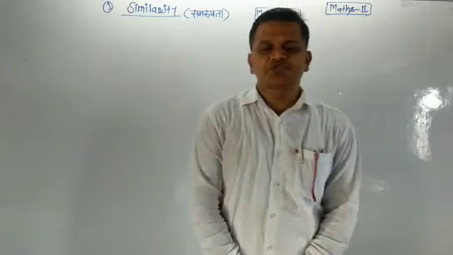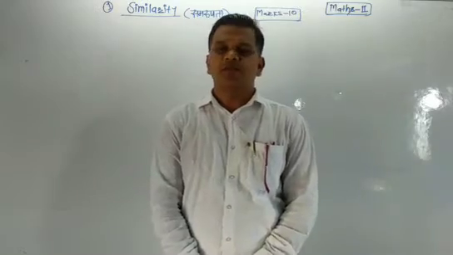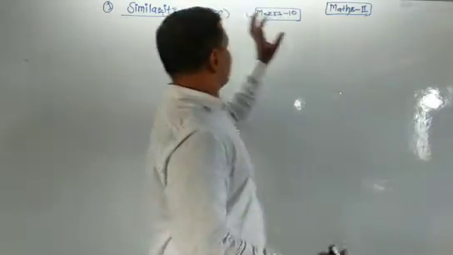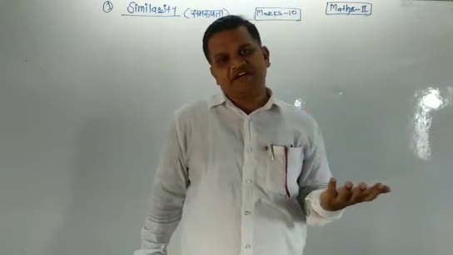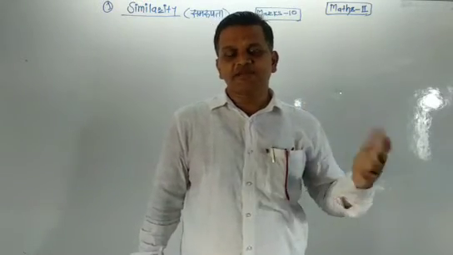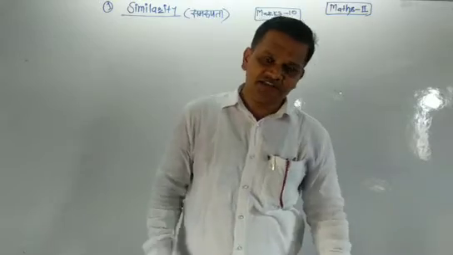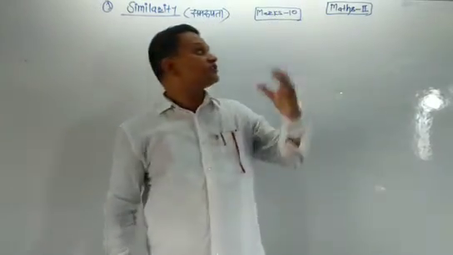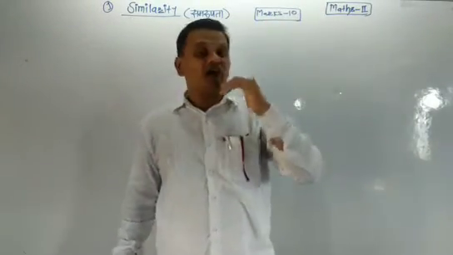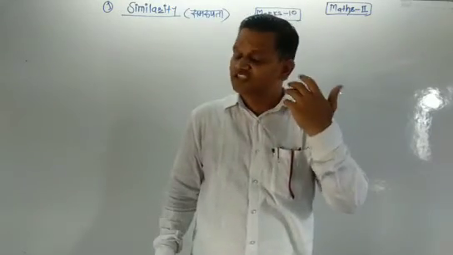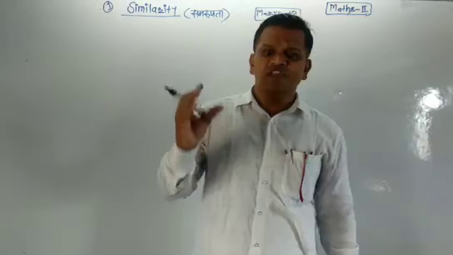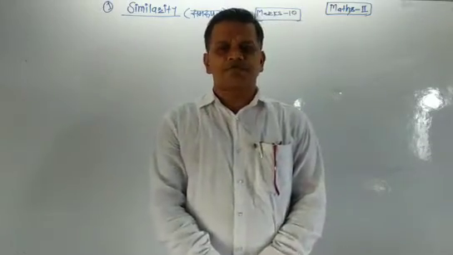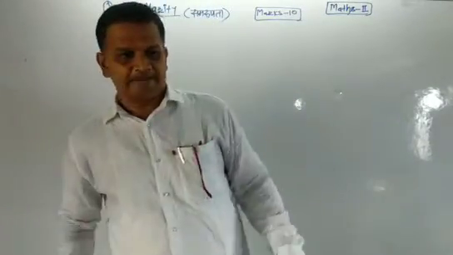Hello friends, today we are going to study the chapter Similarity, which is in the subject Geometry, in Math 7. Friends, problems on this chapter will be asked in your annual examination for 10 marks. So this is a very important chapter for you. Understand?